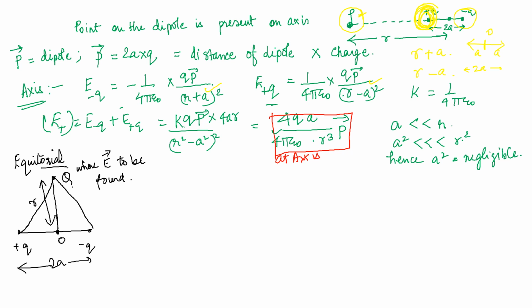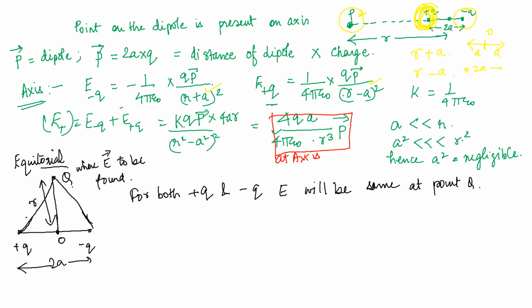So due to both this charge and this charge, the electric field will be same for both plus Q and minus Q. E will be same at point Q, and hence E for plus Q is given as KQ by R square plus A square into our P. Okay.